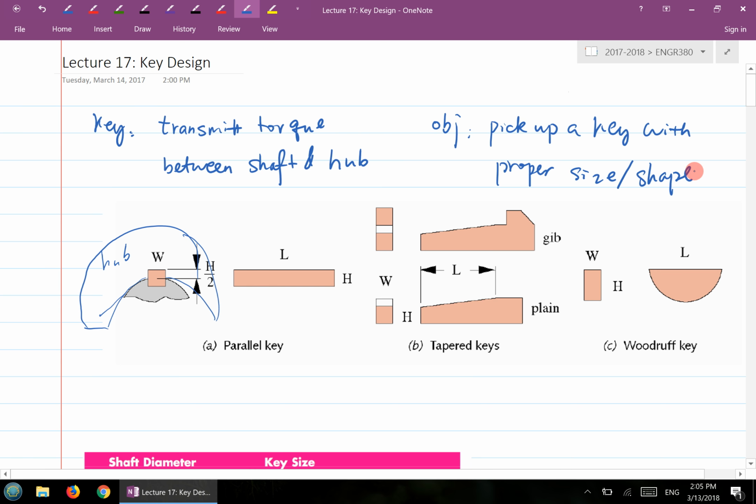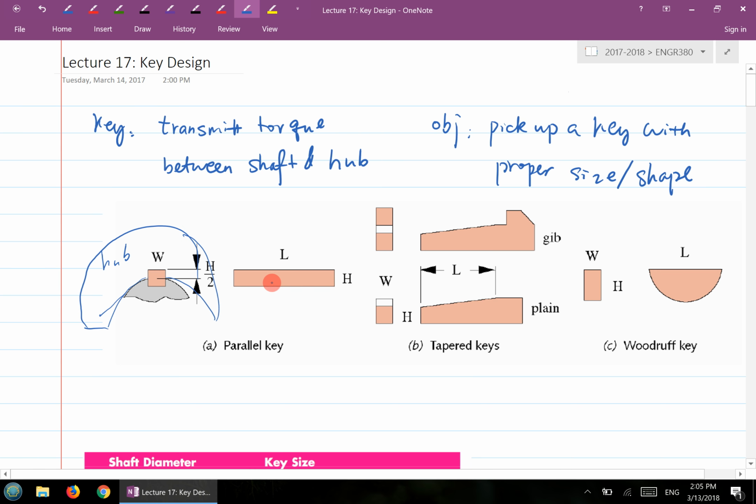You can either pick a parallel key, a taper key, or a Woodruff key, it doesn't matter, but it needs to be of appropriate size. For example, for a parallel key, the size means what will be the W, what will be the H, and what will be the L here. Those are the design parameters for deciding on the appropriate key.